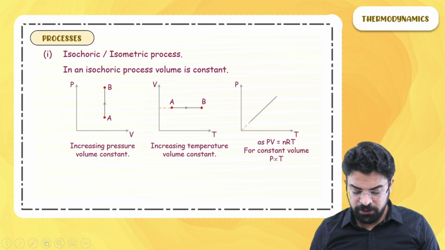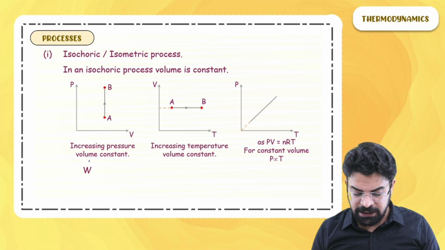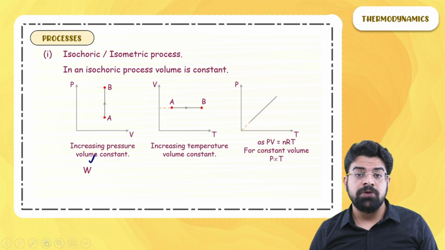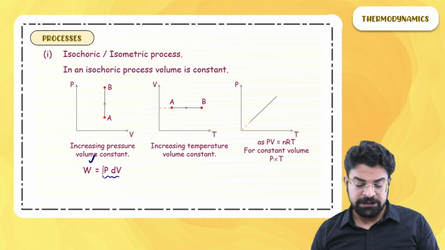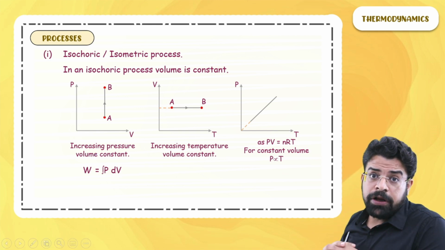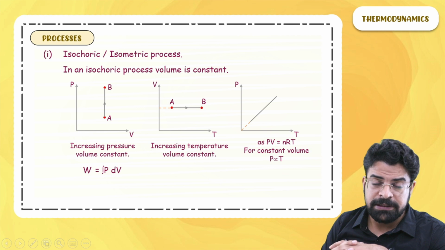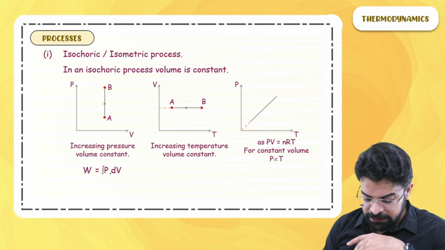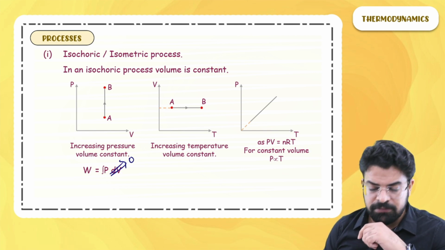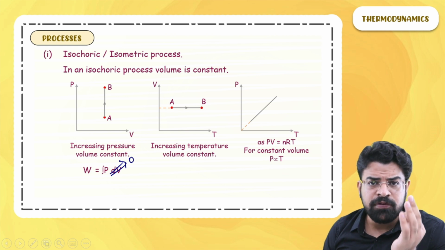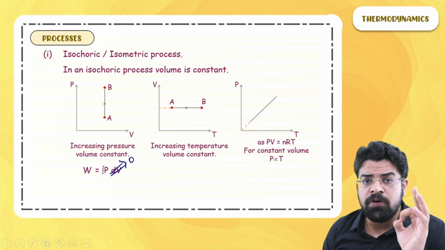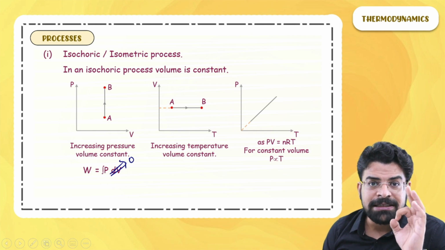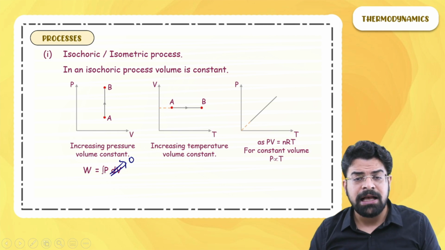Now let's understand the work done in an isochoric process. We know that work done equals the integral of PdV. In the isochoric process, the volume remains constant, so the infinitely small change in volume is zero. As dV is zero, the work done by the gas has to be zero.